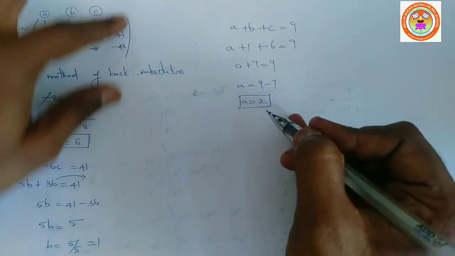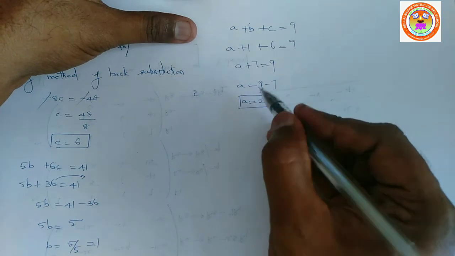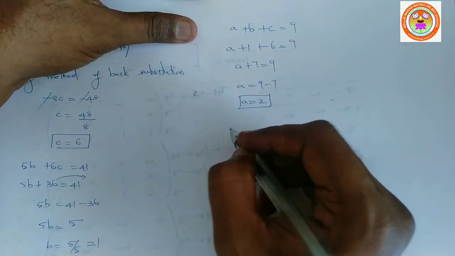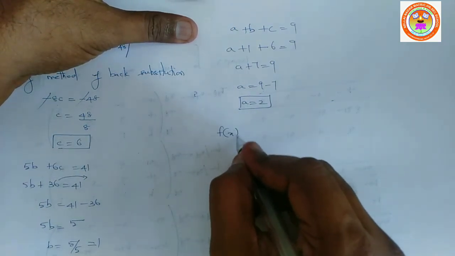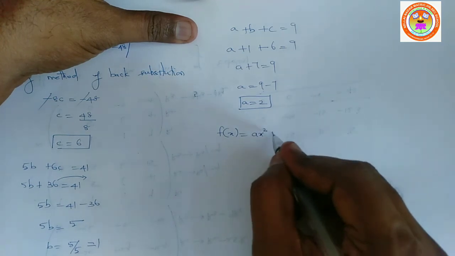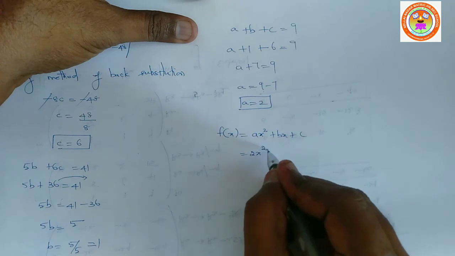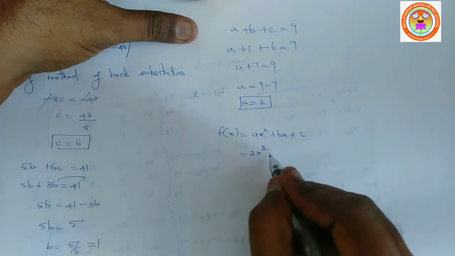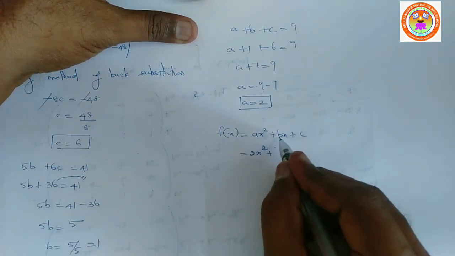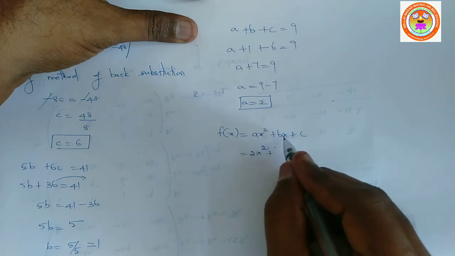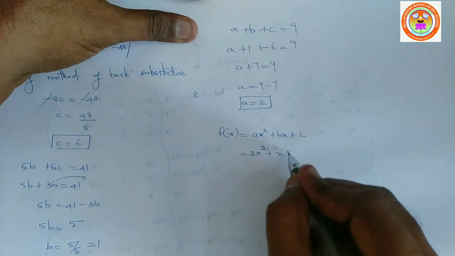So we have found A, B and C. We can apply this A, B and C in the quadratic equation also. Therefore, f of x is equal to ax square plus bx plus c. What is the A answer? 2x square. B is 1, so 1 into x is x, and c is nothing but 6.